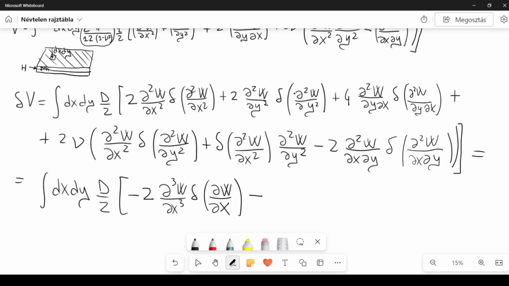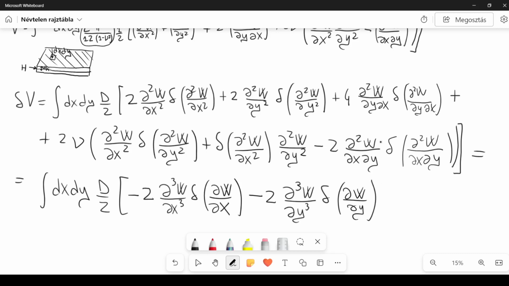And then we can do something similar for the second term, minus 2 d cubed w dy cubed delta dw dy. And then I want to show you also why this could be important, because we can find some other equations that I can show you.